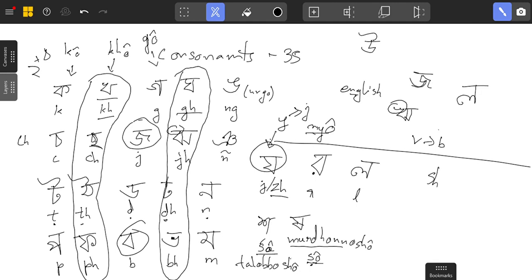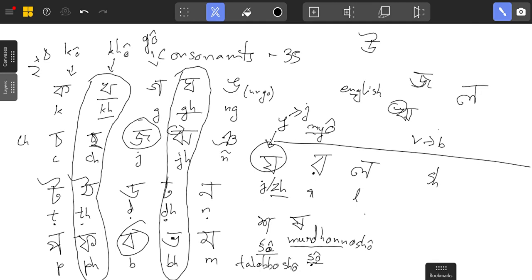Shaw, shaw, shaw, shaw. I know they sound quite similar, and that is why some people just pronounce it the same way, but the correct pronunciation is for the tongue to be curled upwards while pronouncing mudhanna shaw. So this is shaw, shaw, and this is shaw, shaw, shaw.